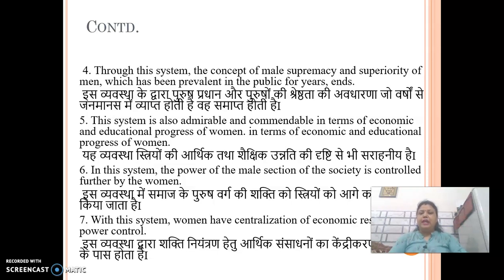That is the foremost requirement of our nation and the objective of women empowerment. In this system, the power of the male section of society is controlled further by women. With this system, women have centralization of economic resources for power.